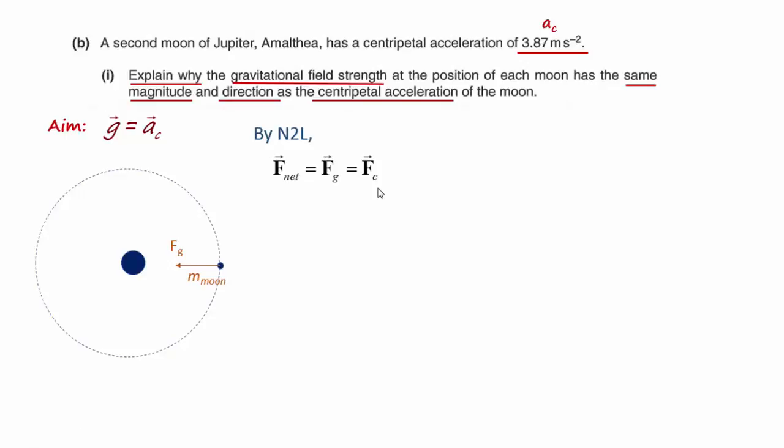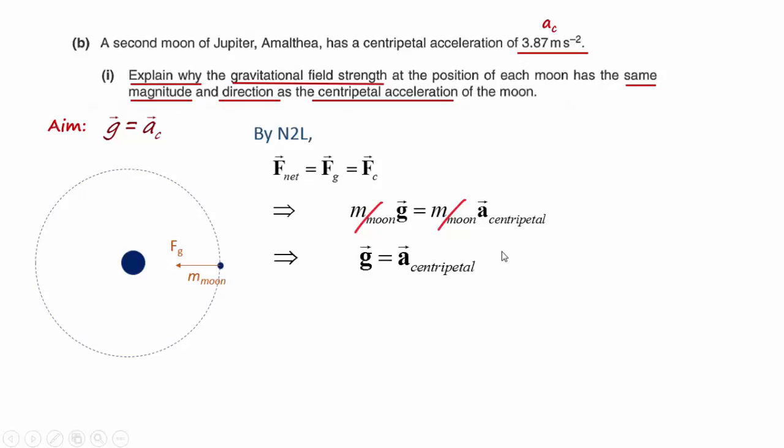Now, we want to show that g equals ac. Therefore, we can write Fg as mass of moon times g, while Fc can be written as mass of moon times the centripetal acceleration. The mass of the moon is common on both sides of the equation, and hence we can cancel that out, and that leaves us with g equals ac.